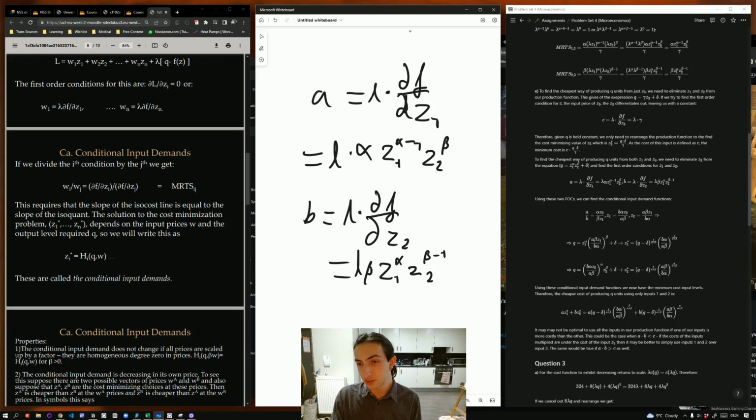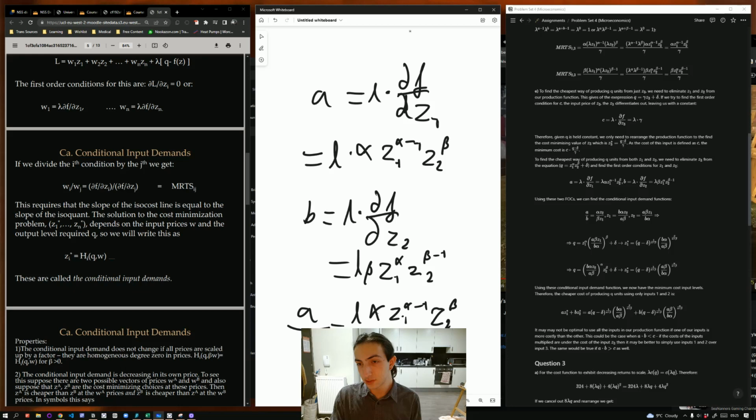So we have A over B: lambda alpha z1 alpha minus 1 z2 beta, over lambda beta z1 alpha z2 beta minus 1. That is necessarily our constraint, where we've included A, B, Z1, and Z2.